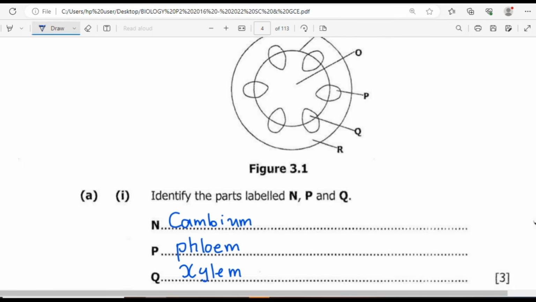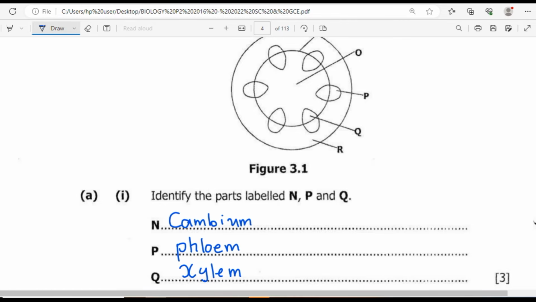So remember, xylem is found inside, phloem is found outside. So maybe you can use the alphabetical order. We know that X comes after P. So P, phloem is outside. Then as you enter inside, you have X.